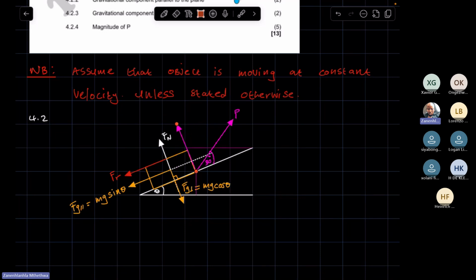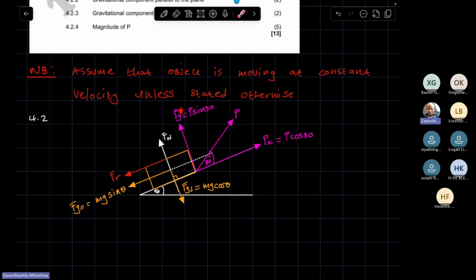So we have this component and this component. P in the x direction will be P cos 30, and P in the y direction will be P sine 30 degrees.